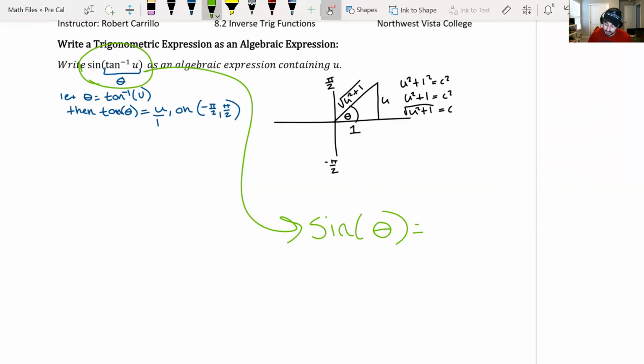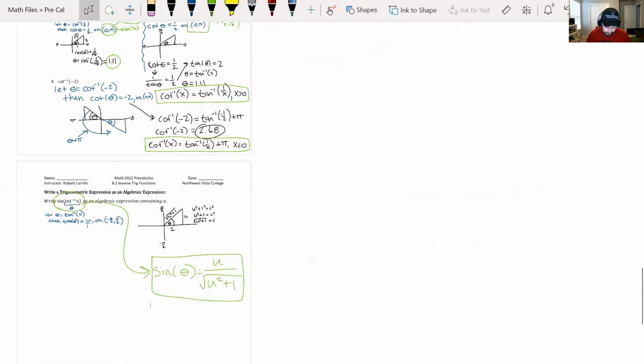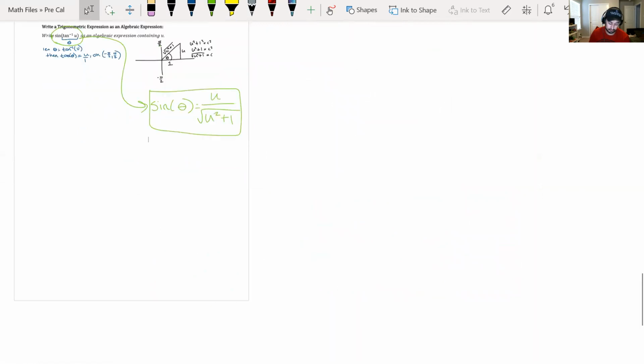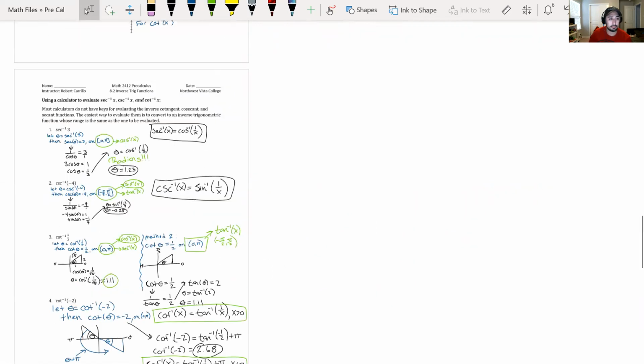And that sine value is u, opposite over hypotenuse, square root u squared plus 1. That's it. Nothing more. It's all in terms of u. That's everything we did on the first page today.